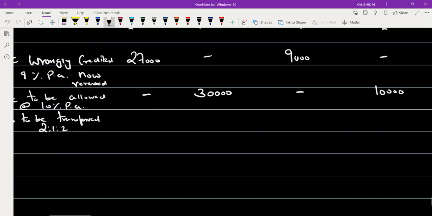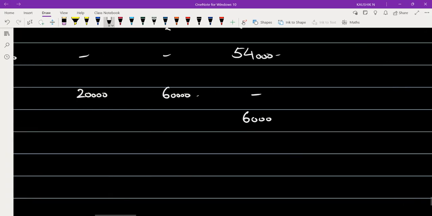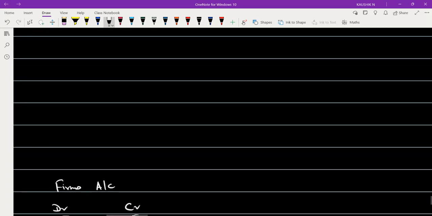ஓகே லாஸ் அப்போ நம்ம ட்ரான்ஸ்ஃபர் பண்ண போகிறோம் பார்ட்னர்ஸுக்கு. அந்த கேல்குலேஷன் பண்ணுங்க இங்கே. ஸோ அப்போ வேல்யூ எவ்வளோ இருக்குது உங்களுக்கு? லாஸ் வேல்யூ 60,000 இருக்கா? சாரி 6,000 இருக்கா? 6,000, 2 is to 1 is to 2. That means 2 by 5, 1 by 5, again 2 by 5.